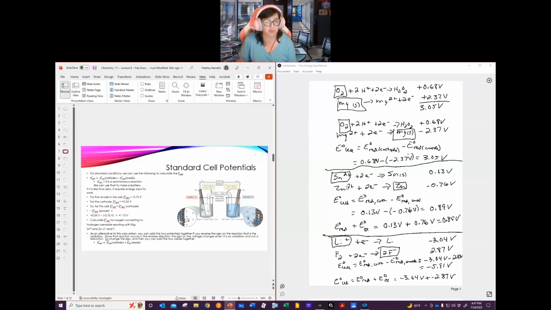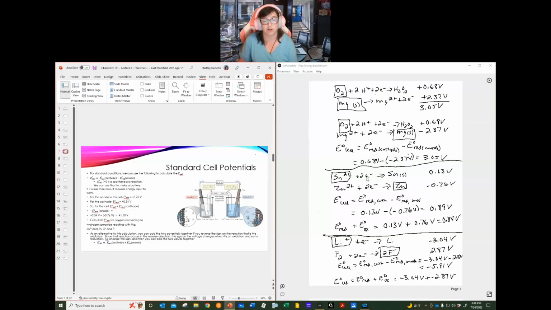And then I have Zn2 plus 2 electrons going to Zn, and that reduction potential is negative 0.76 volts. This is written exactly as it would appear on those reduction potentials, so both of them are reductions. I've boxed the two species that I want, so Sn2 plus and Zn, because that's what it said we wanted to look at the reaction for.